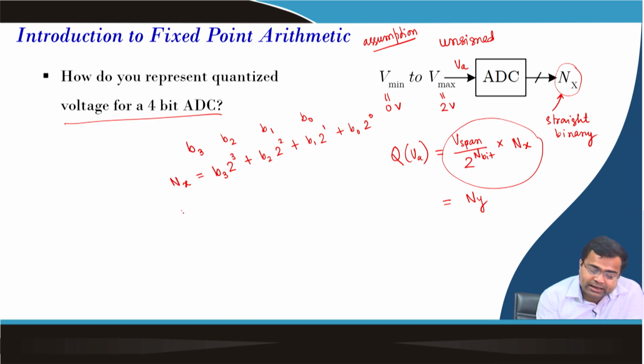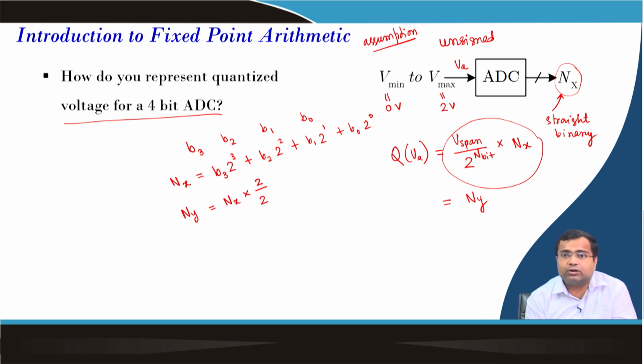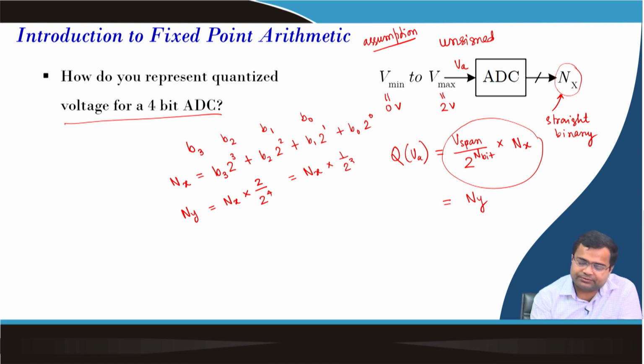Now, what is ny? Ny will be nx multiplied by, what is my V span? It is 2 volt divided by 2 to the power, what is the bit size? 4. That means it will be nx into 1 by 2 to the power 3. Then how do you represent this?